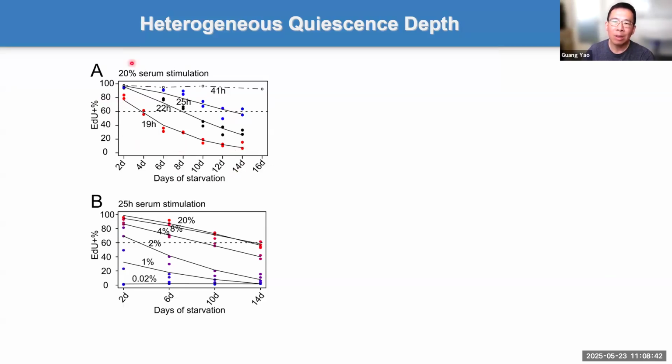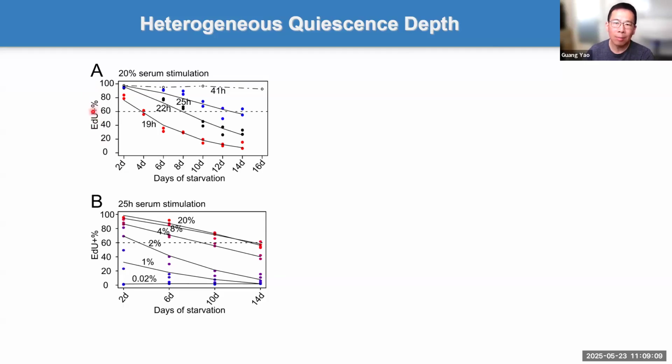If you give them 20% serum, that's growth factors, to re-stimulate them after these many days, then for the 2-day shallow quiescent cells, after 19 hours of serum re-stimulation, 80% of cells will re-enter the cell cycle, indicated by EdU, which is a thymidine analog that gets incorporated into the DNA once cells get into the S phase.